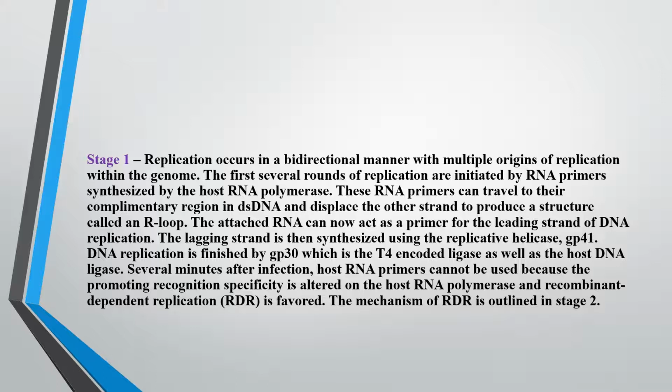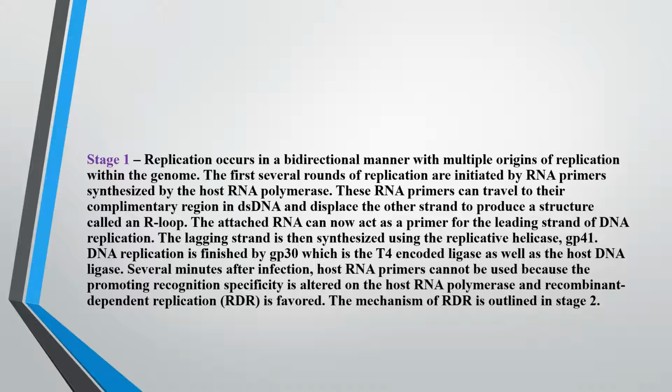The attached RNA can now act as a primer for the leading strand of DNA replication. The lagging strand is then synthesized using the replicative helicase GP41. DNA replication is finished by GP30, which is the T4-encoded ligase, as well as the host DNA ligase.